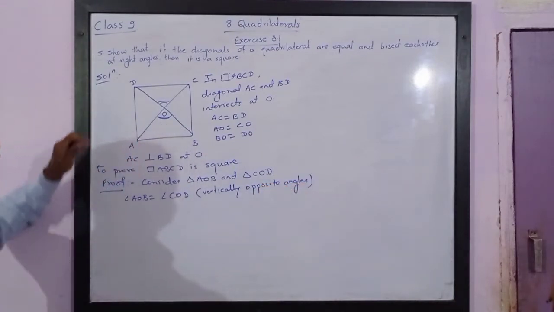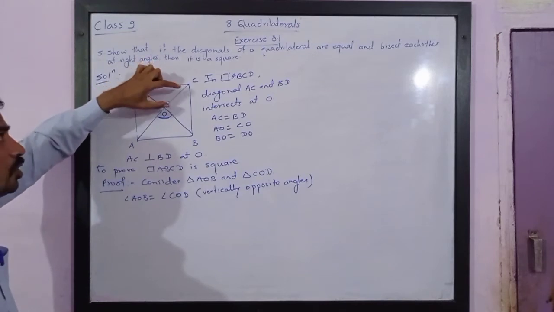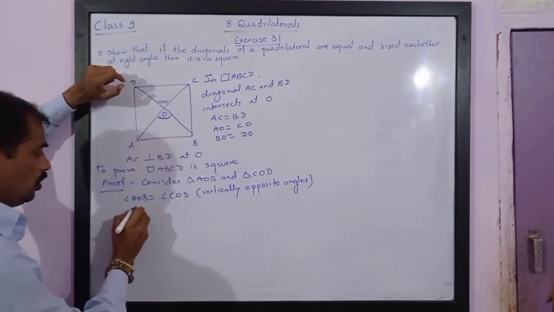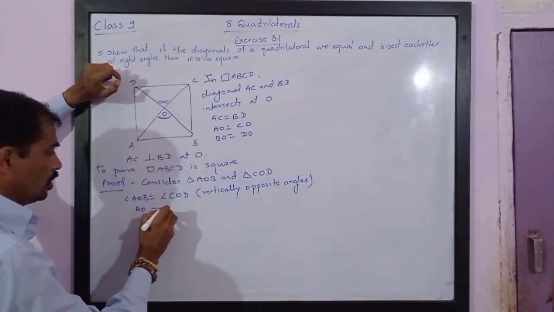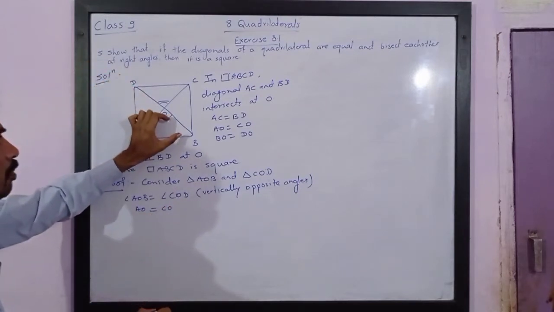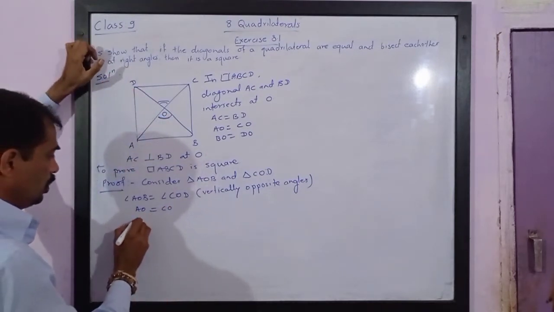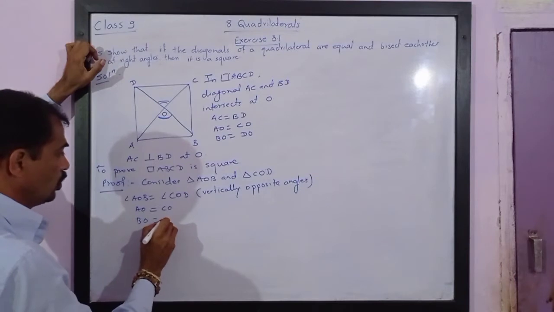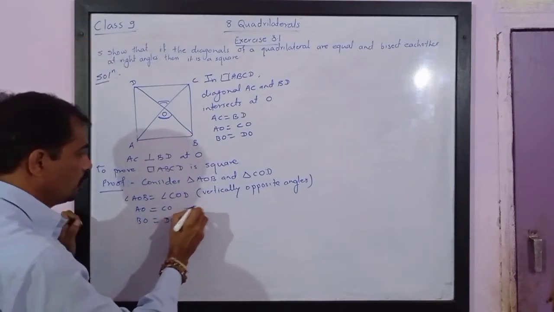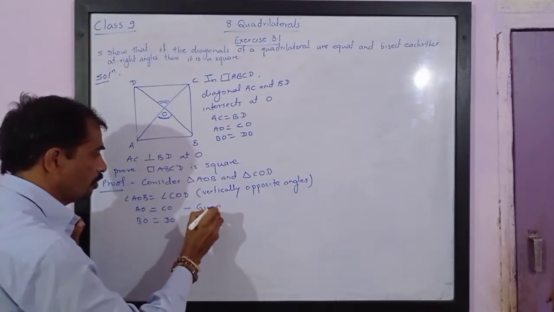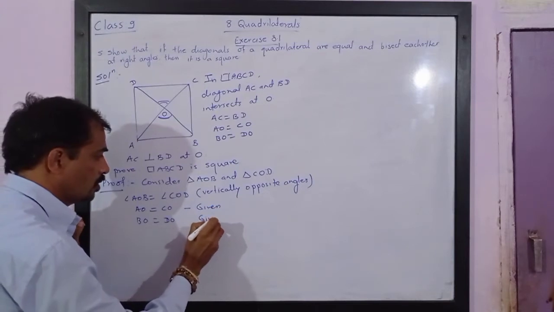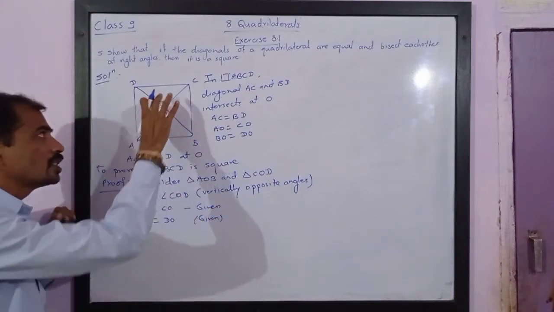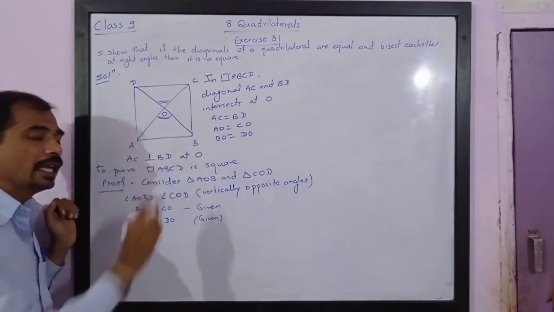Now see, we are given AO equals CO. We are also given that BO equals DO. This is given to us. It means two triangles are congruent by SAS test.